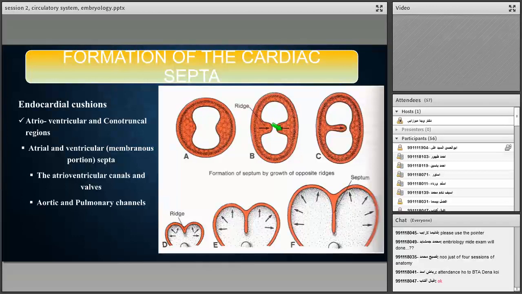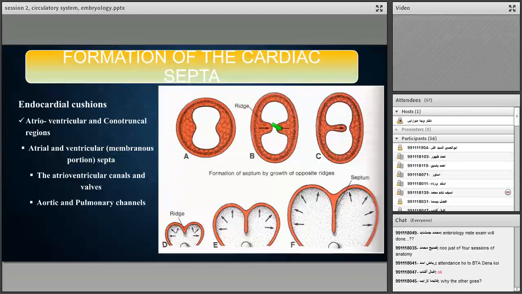We call these growing masses, yes, please ask your question. What about it, is it either by the part B or by part C?